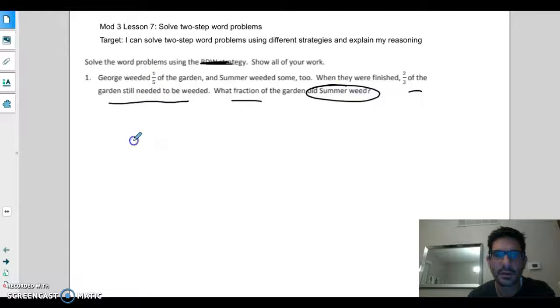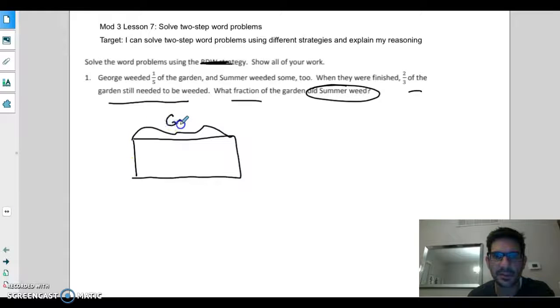So I'm going to draw a visual here. And this represents the garden. Okay? And what do I know? I know that 1/5 of this is George. So that was George.